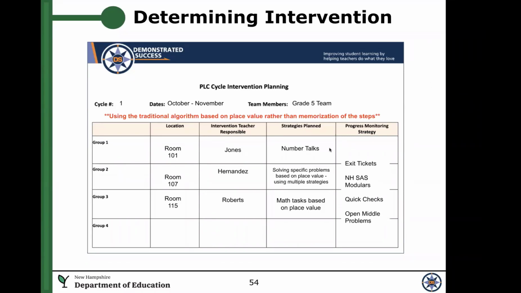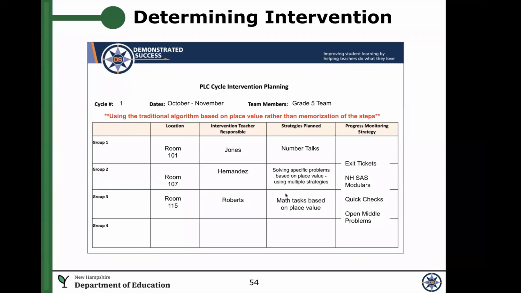So now what I'm going to do is maybe one of my groups is really in the beginning stages, and we need to do number talks with them. We need to make sure that they're really understanding that place value and how we're breaking apart numbers. Maybe another group is looking at solving specific problems based on place value, but they're using multiple strategies to do that. So they're starting to build on that a little bit more.